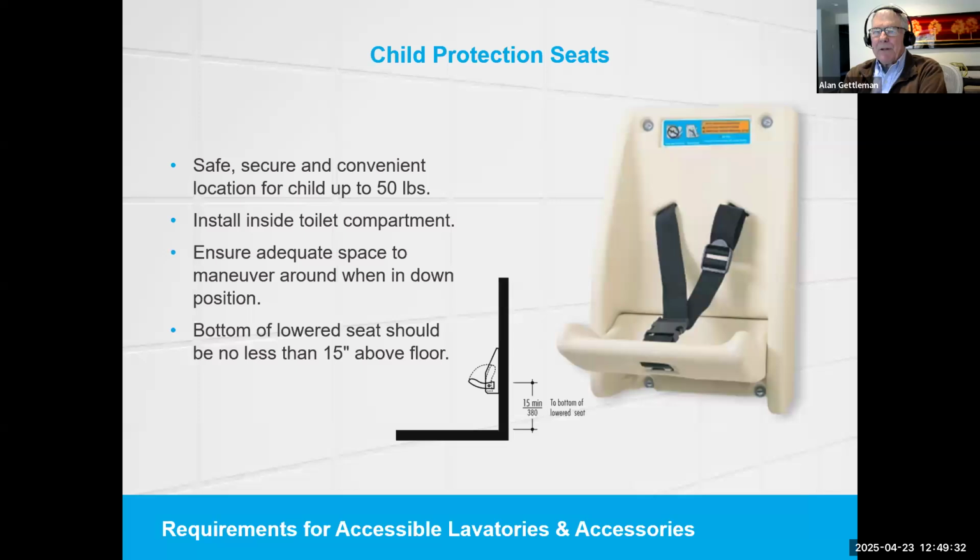So the ADA basically says use a standard flat wall mirror and mount it so that the bottom edge is 40 inches maximum above the floor, which is felt to be a good position to be used by someone in a wheelchair as well as someone standing.